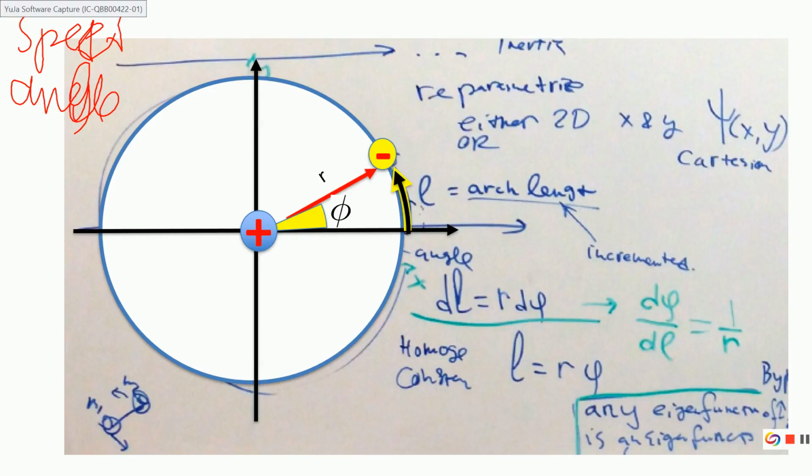The first term is x. And if the angle is small, then sine phi is replaced just by phi. So if it is an infinitesimal angle, and this is an infinitesimal side of a triangle, then the side will be equal to r times d phi. Instead of sine, it is just phi. So infinitesimal is okay.